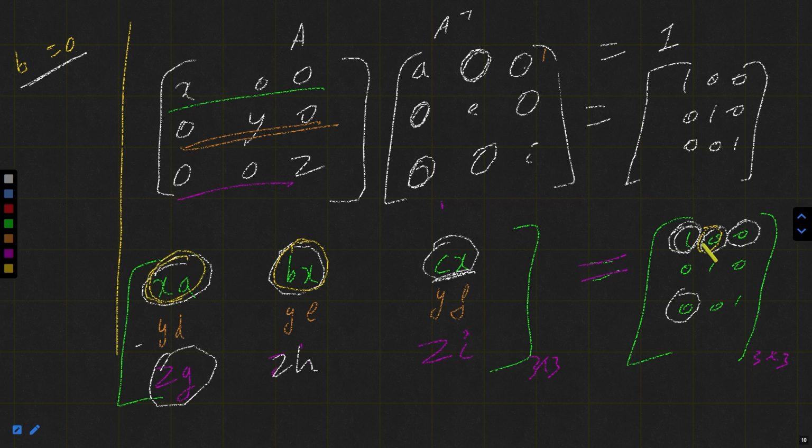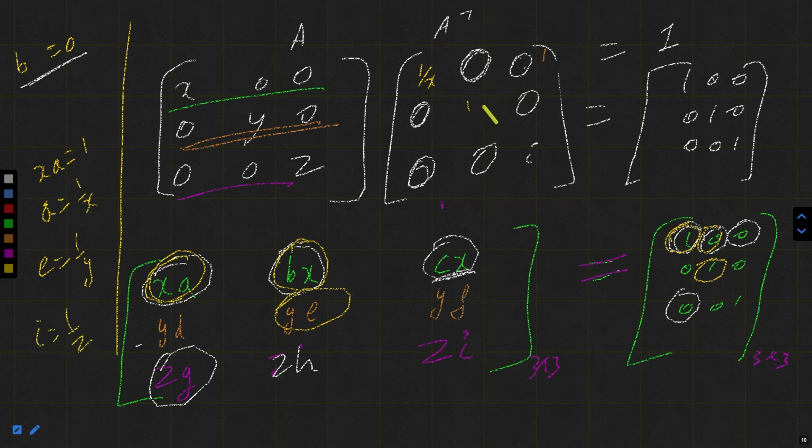So in order to find a, e, i, compare this to this. This means xa is equal to 1, so a will be 1 by x. Compare this to this: e will be 1 by y and i will be 1 by z.